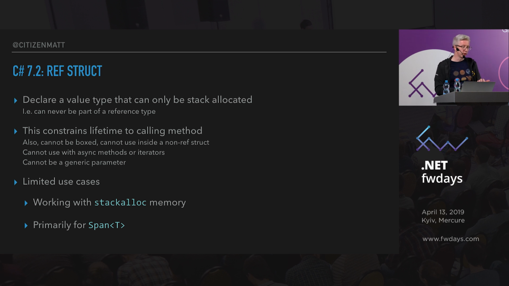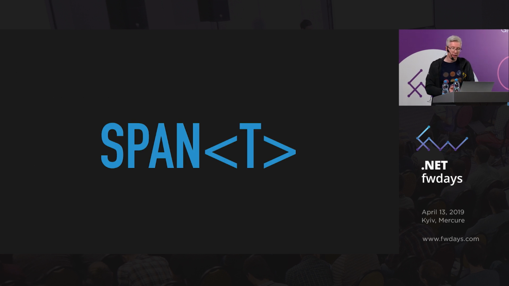So you can use it for working with stackalloc memory, memory which has been allocated directly on the stack. But the big use and the big reason for introducing it was for Span<T>. And Span<T> is a really cool feature and is something that you are much more likely to use in your code than perhaps some of the ref semantics which we've talked about so far. But it's all built on top of each other.